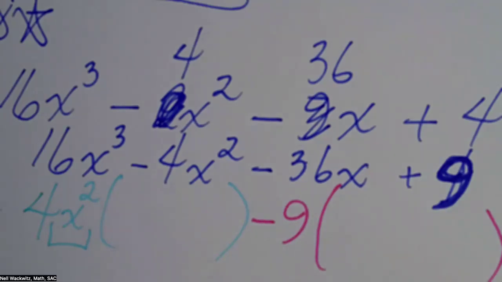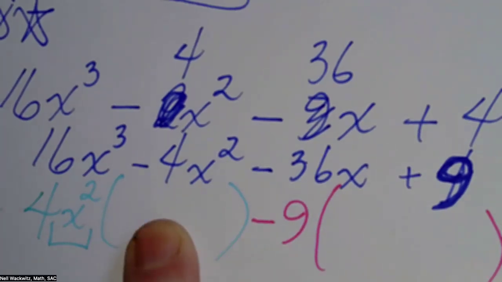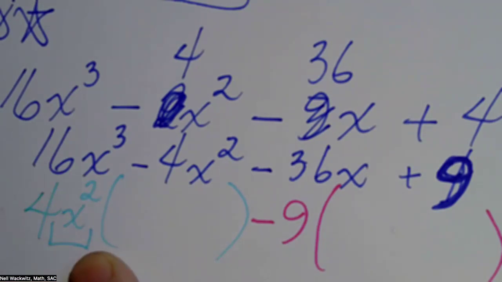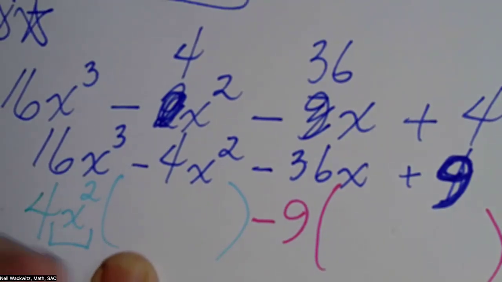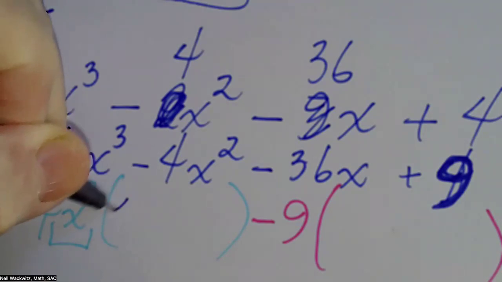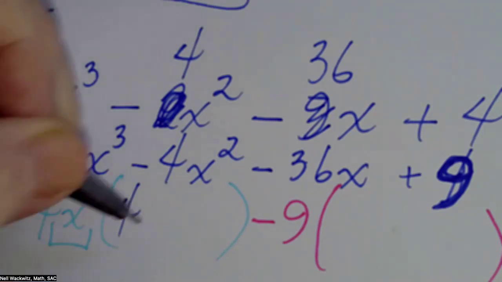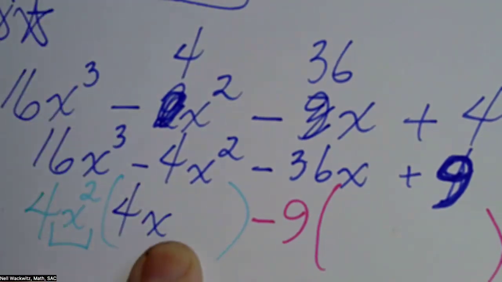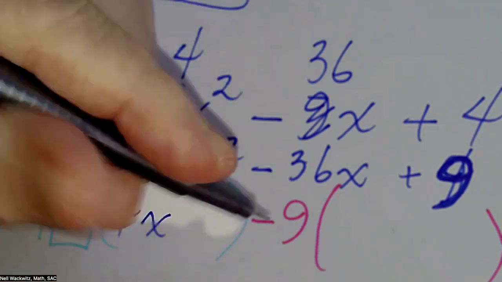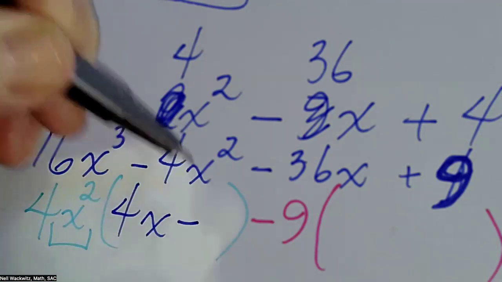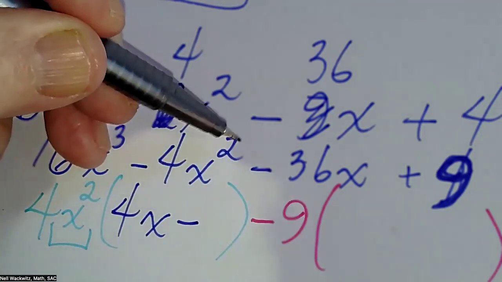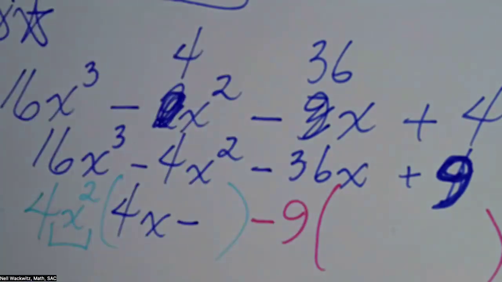All right. So what goes in the parentheses? 16 divided by 4 is 4. 4x cubed divided by x squared is x. What sign goes next? Minus. Excellent. And 4x squared divided by 4x squared is 1.